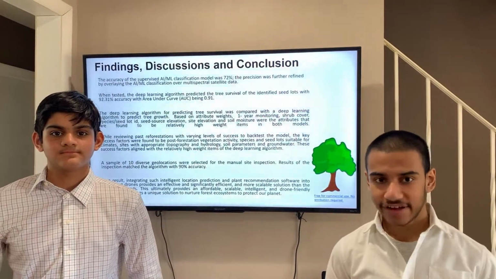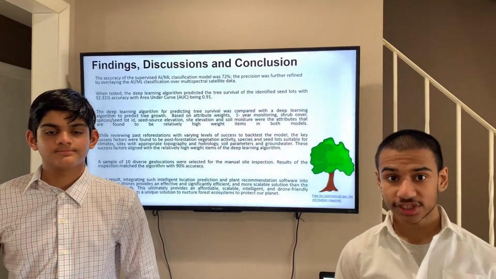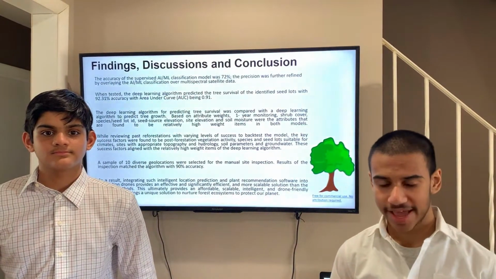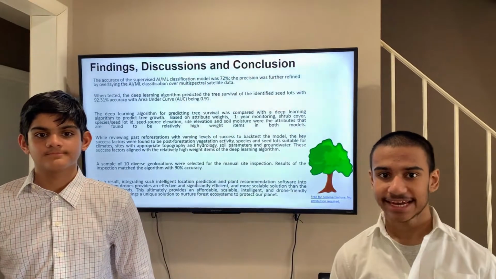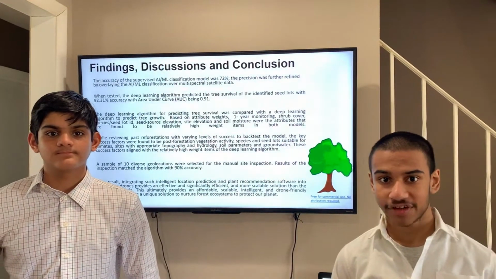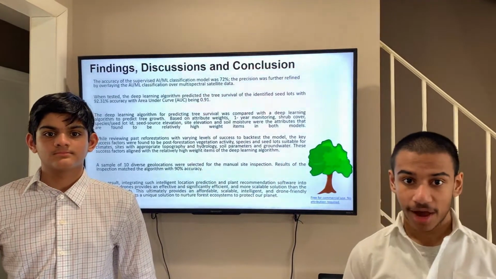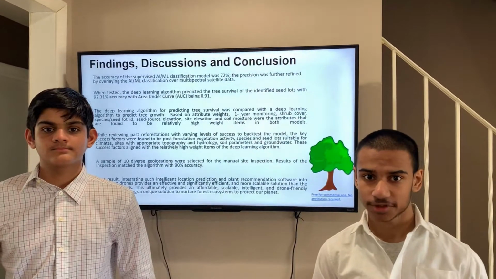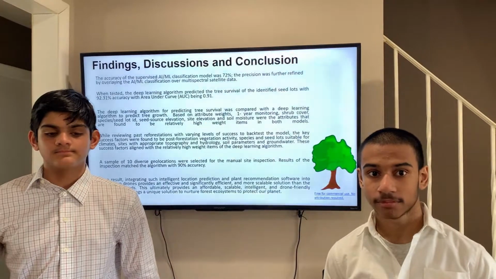Now we'll talk about our findings, discussions, and conclusions. For the first AIML model, the one that predicted which areas were plantable, we found that it had a 72% accuracy and that its precision was further refined by overlaying it over satellite data. For the model that could predict the chances of survival for seeds, it had a 92% accuracy and an area under the curve of 0.91.